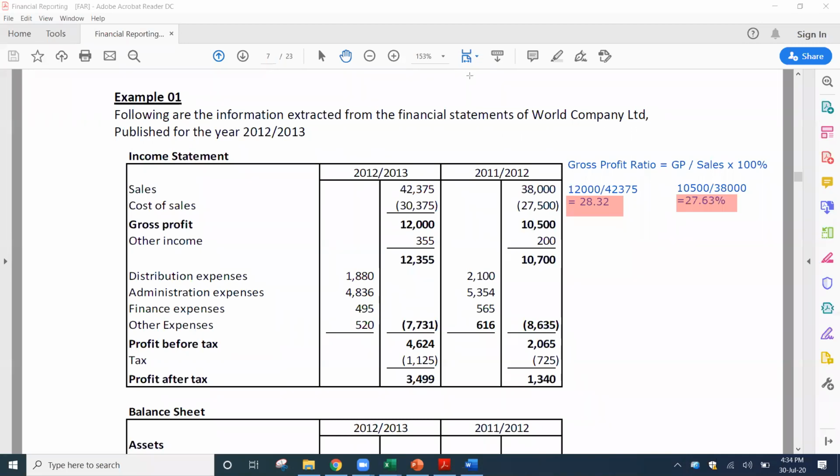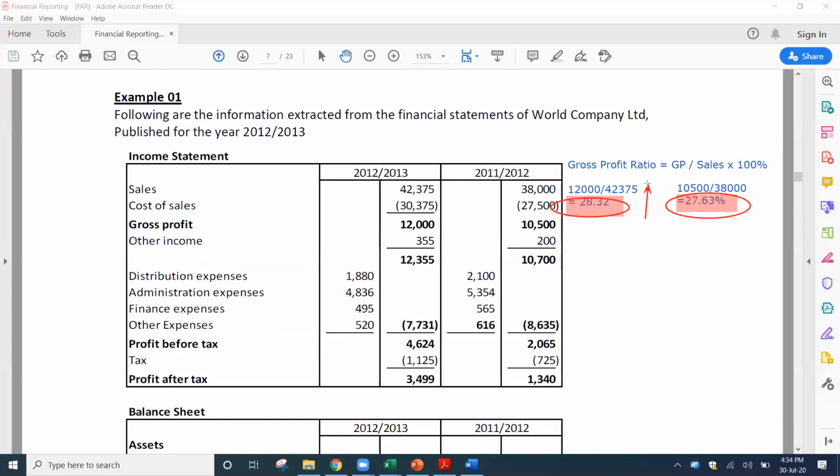In 2011-12, previous year it's 27.63, 27%. Now it's 28.32. Right? So you can see it has increased.